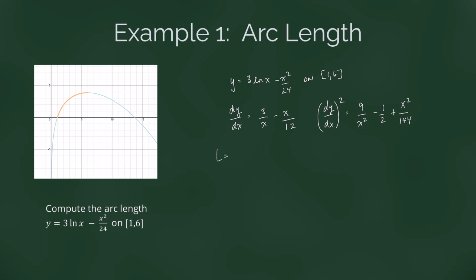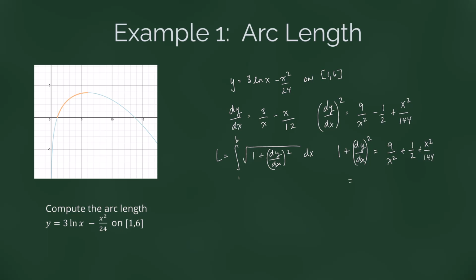We know then that our length must be the integral from 1 to 6 of the square root of 1 plus dy dx squared dx. So if we add 1 to dy dx squared, the negative 1/2 becomes a positive 1/2, and we get 9 over x squared plus 1/2 plus x squared over 144.